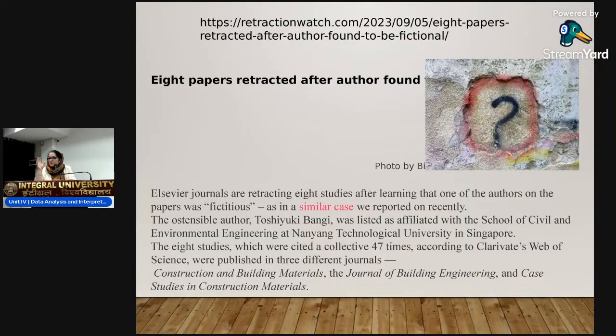अब प्रॉब्लम आप समझिए कितनी कॉम्प्लिकेट होगी कि if they use a real person, a real researcher as a fictional author, right? So they are stealing identities of people. Predatory journals can also do that.